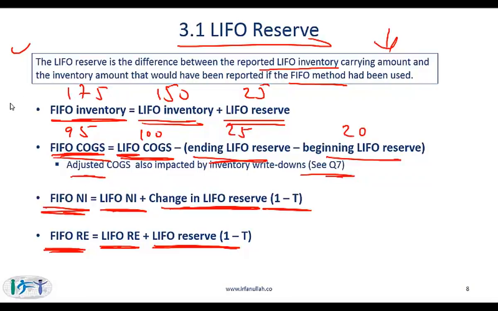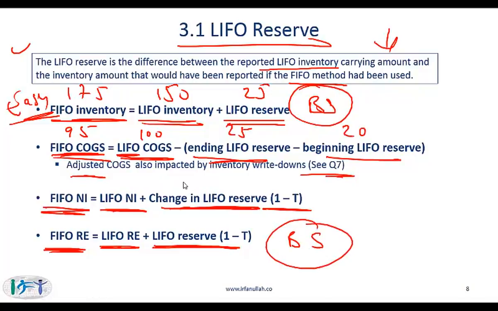There are several relationships here, and I'll suggest a method for remembering all these relationships. This one is easy. Why? Because this is simply the definition. Also note that there are two relationships here which are balance sheet based, and there are two relationships which are income statement based. The top one is a balance sheet relationship, and the bottom one is a balance sheet relationship.